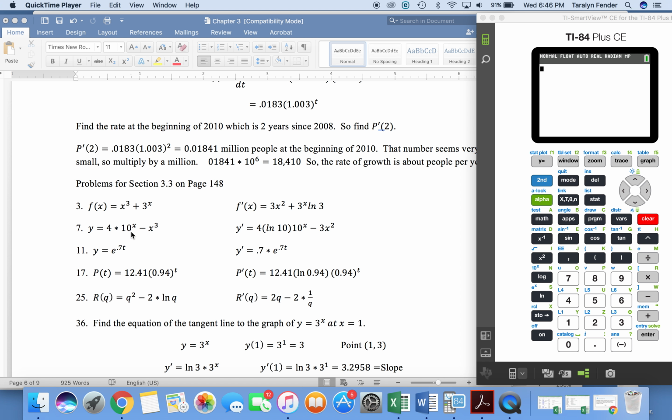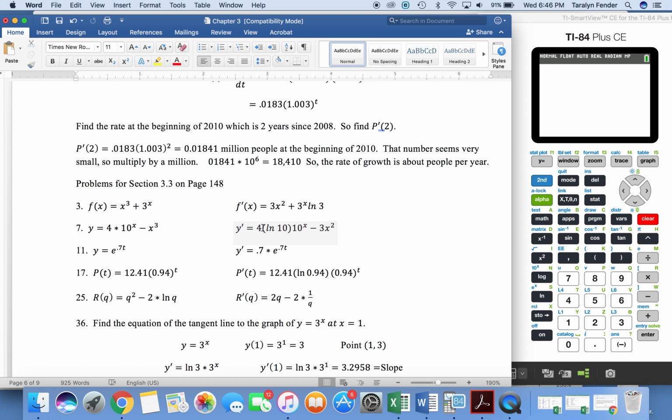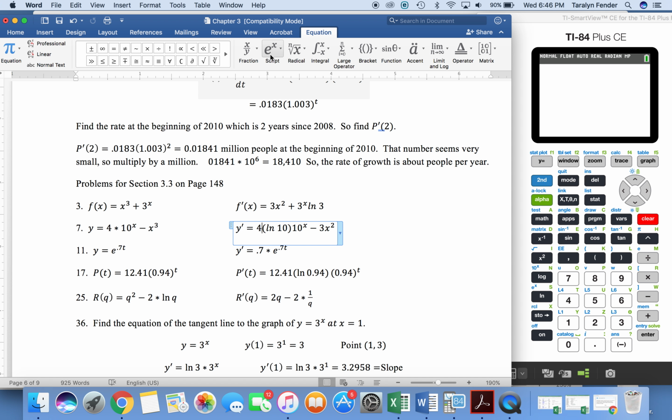So anytime you see something like 10 to the x, you're going to have natural log of 10 times 10 to the x. My advice is to put the 3 to the x or the 10 to the x in front of the natural log expression, because then you can make sure you don't get it in the wrong place.